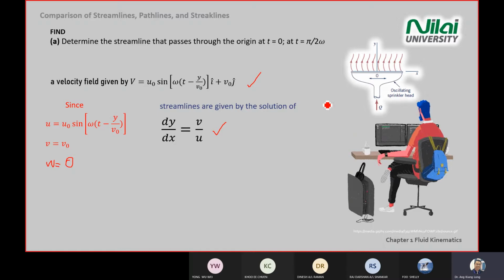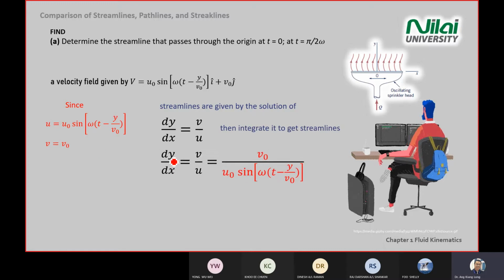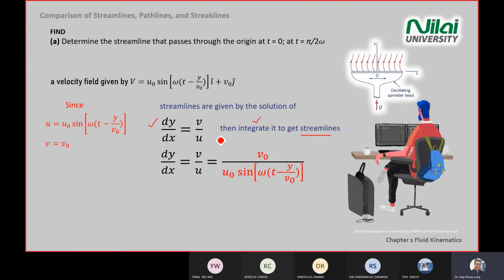After that, you substitute. The rest is mathematics. So don't get scared by the complex sine equation there. After you get dy dx equal v divided by u, you substitute, then you integrate, and you will get the streamline. Recall your differentiation and integration skills. Standard steps: write the equation, find u and v, recall dy dx equal to v divided by u.